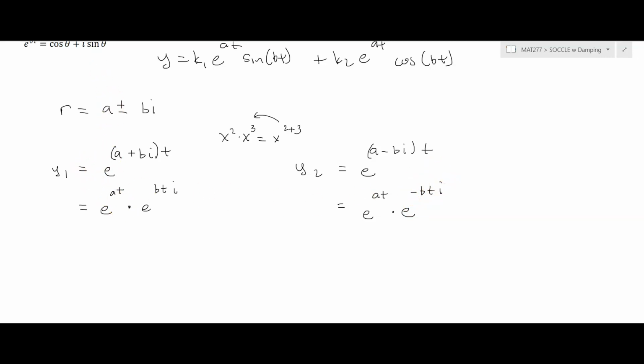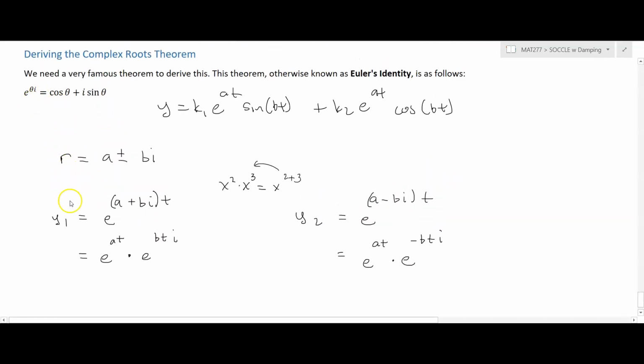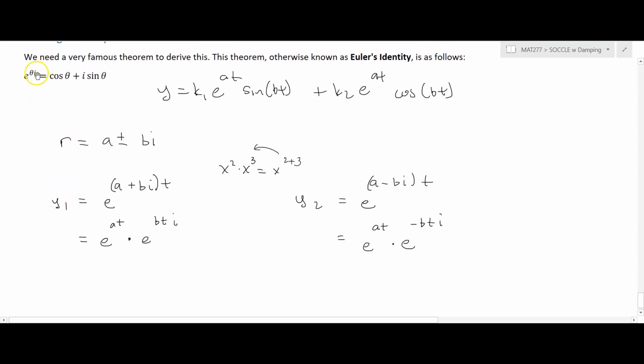And so if we believe or trust Euler on this famous identity, then that means that e to the theta i, this bt is like our theta, and so if we apply this identity to just this second factor here, we're going to have e to the at times, and so again our theta is this bt right there, so that whole thing will expand into cosine of bt, and you can kind of see where that cosine and sine of bt are coming from, plus i times sine of bt.